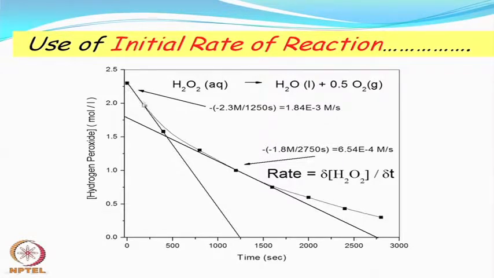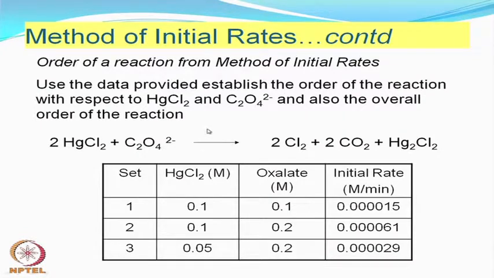At this instant the rate is this much, at that instant the rate is that much, because as we move towards longer time scales, the amount of reactant is reducing, therefore the reaction rate becomes sluggish and the slope is reducing. We would like to use this information in finding out the order of a reaction.